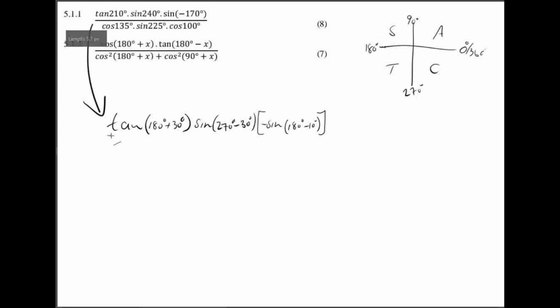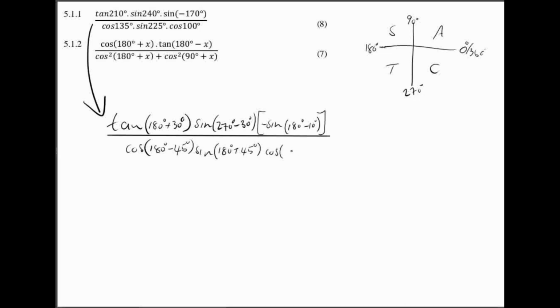All of this needs to be divided by this: cos of something that is still 135. So I'm going to say 180 minus 45, and I'm going to say sine, and whatever's in the bracket still has to be 225. So I'm going to say 180 plus 45, and cos, let's make that 180 minus 80.